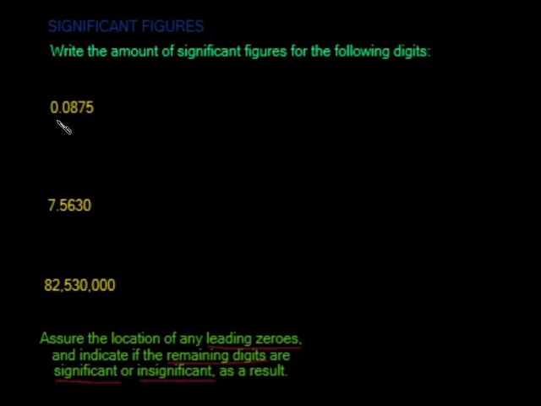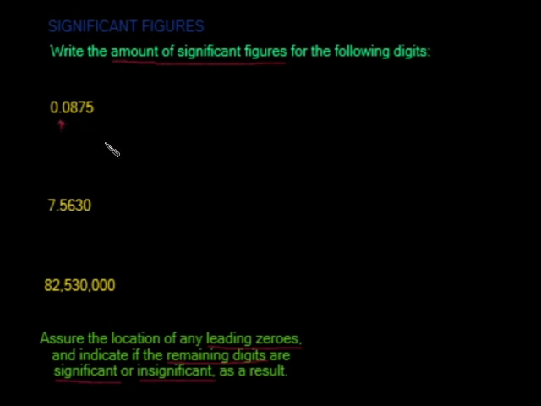So for the first one, which we already labeled as 0.0875, I want to highlight the amount of significant figures for that digit. Firstly, I want to assure the location of any leading zeros. This digit is labeled as a decimal, since we have that little dot here, which is called your decimal point.